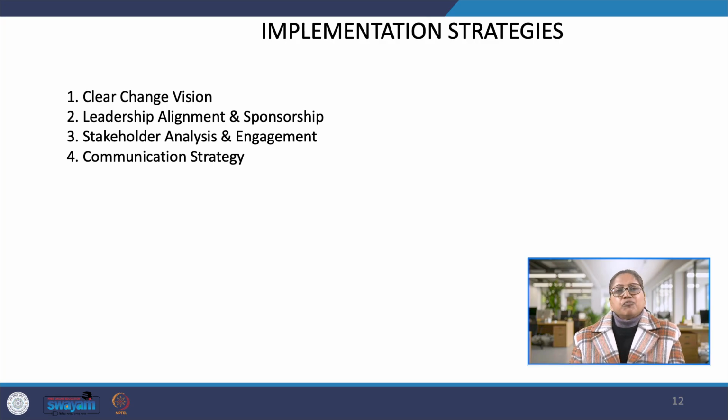Leadership alignment and sponsorship. Secure visible commitment from senior leaders. Any change initiative will not be possible unless there is a change leader or the senior leadership's commitment towards it. Define sponsor roles.